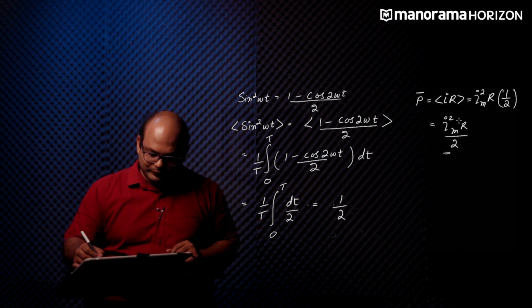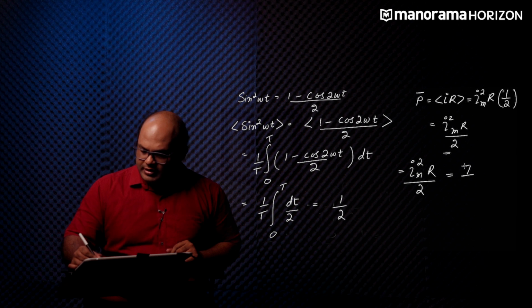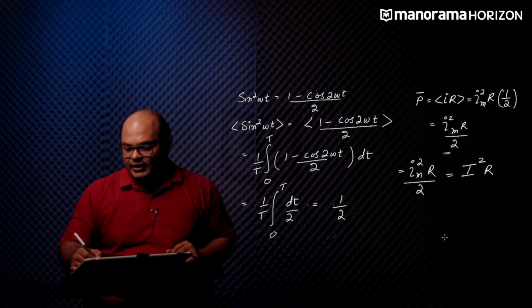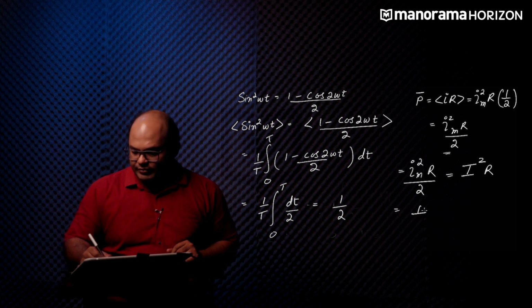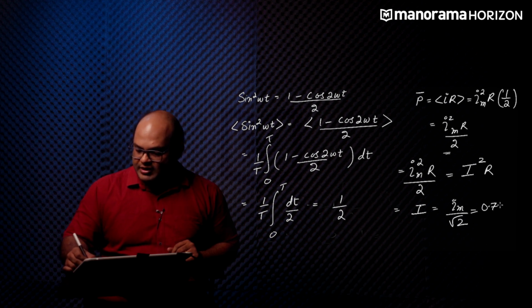We can say that this quantity here is equal to some average value of I given by capital I squared times R. That will give us, since R is cancelled, the figure Im upon root 2, which is equal to 0.707 Im.